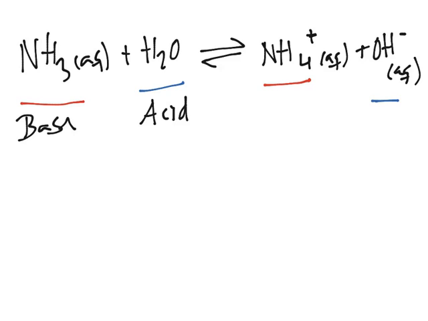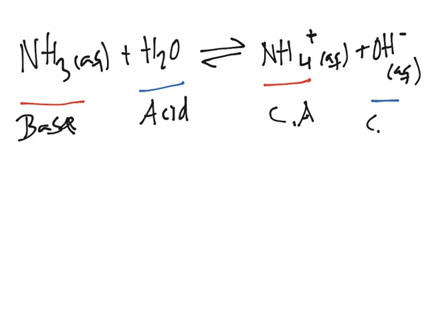And we already wrote the double-headed arrow, so one of these has to be our conjugate acid and the other our conjugate base. So just look at it from the other direction. The OH minus became an H2O, so it gained a hydrogen. And the NH4 plus became an NH3, so it lost a hydrogen. If it lost it, it donated it, so it is a conjugate acid in this case.